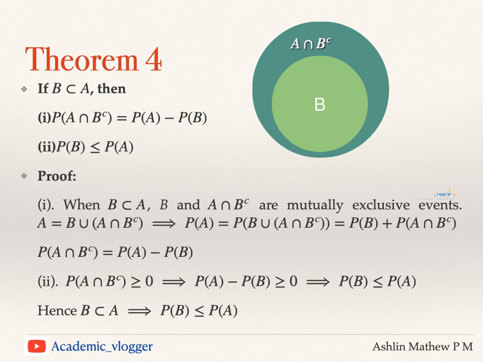So we can write probability of A intersection B complement is greater than or equal to 0, which implies probability of A minus probability of B is greater than or equal to 0, which we have proved in the first part of the theorem. So probability of A minus probability of B is greater than or equal to 0, which means probability of A is greater than or equal to probability of B. That means probability of B is less than or equal to probability of A when B is a subset of A.